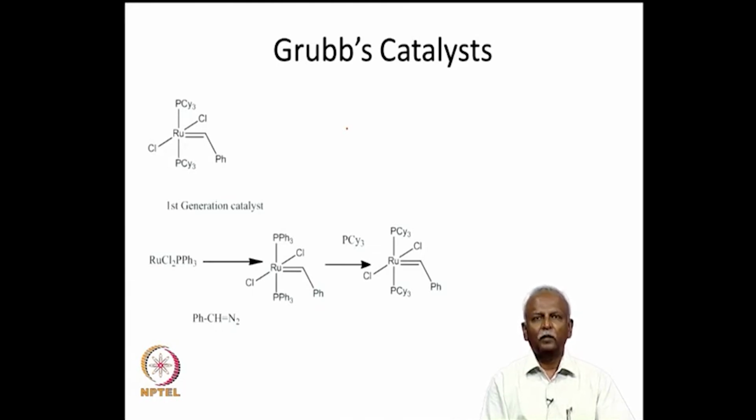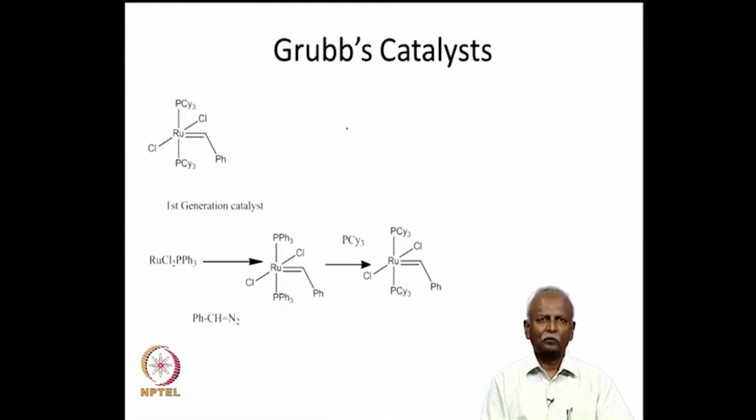However, when you replace the heteroatom with alkyl groups, the carbene became a lot more reactive, and especially reactive towards the metathesis reaction itself. And so, this catalyst, which was first made by Grubbs, which is called the first generation catalyst from the Grubbs group, is extremely important for several reasons.